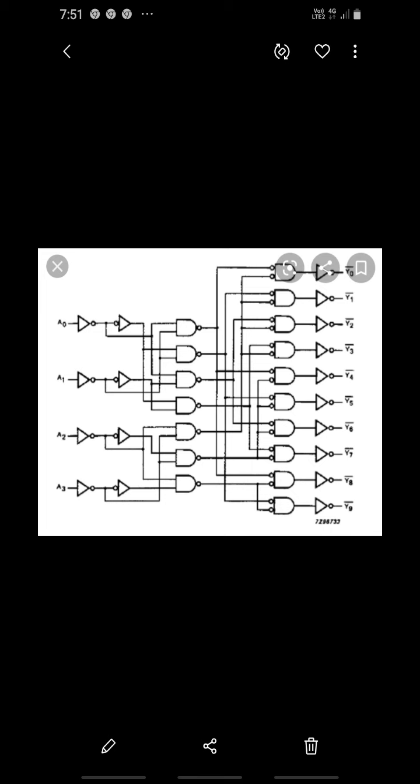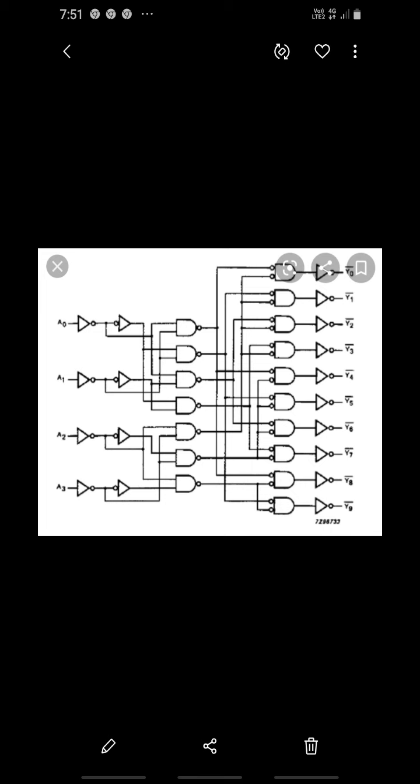So we first draw the Y0. Y0 is equal to A0 bar, A1 bar, A2 bar, A3 bar. Draw the AND gate.